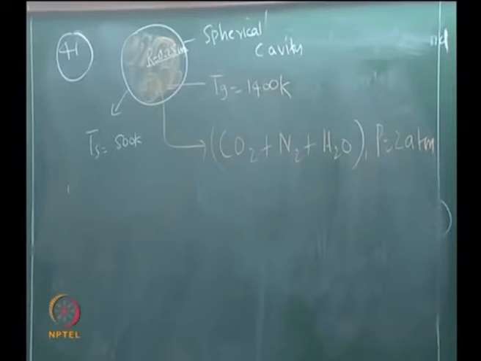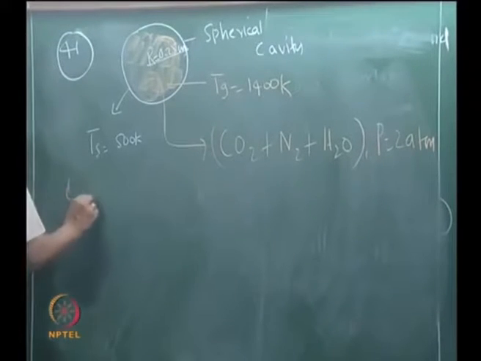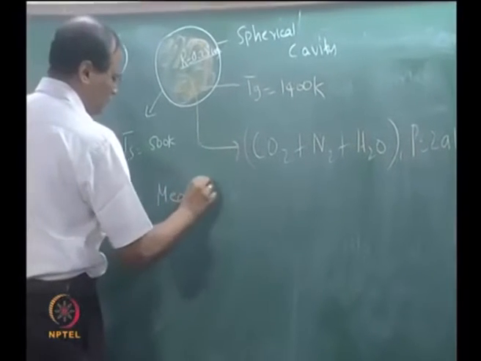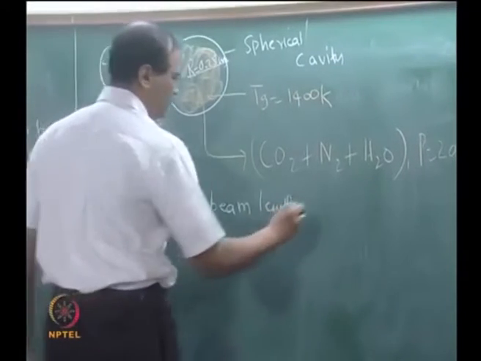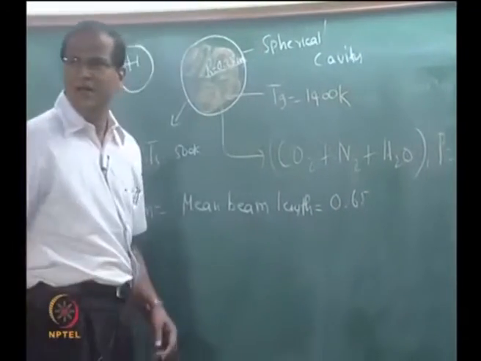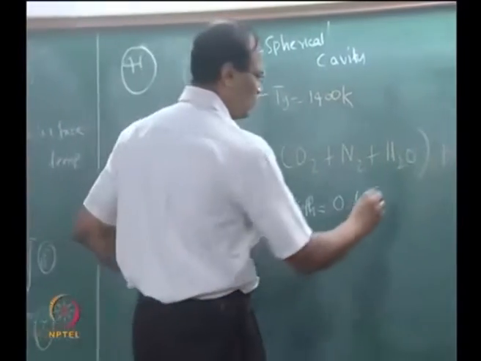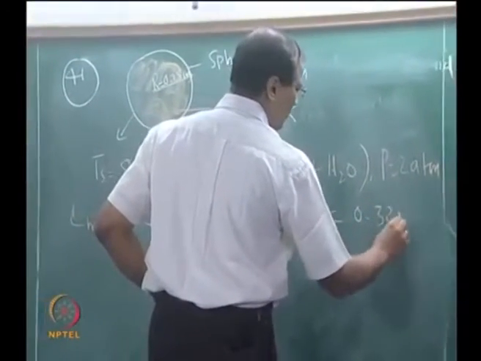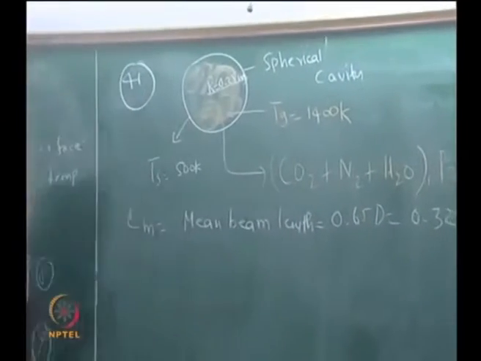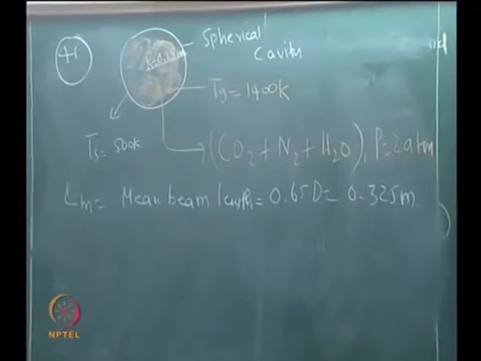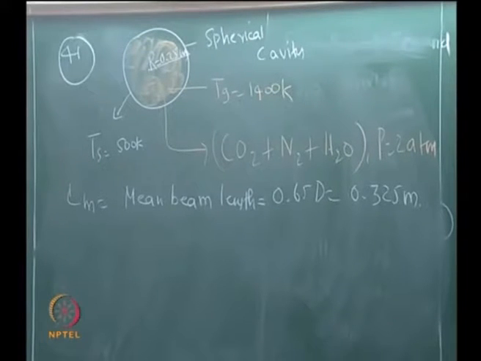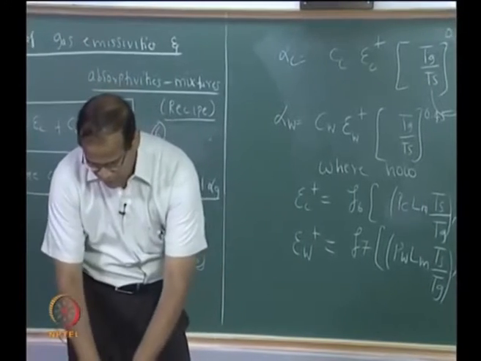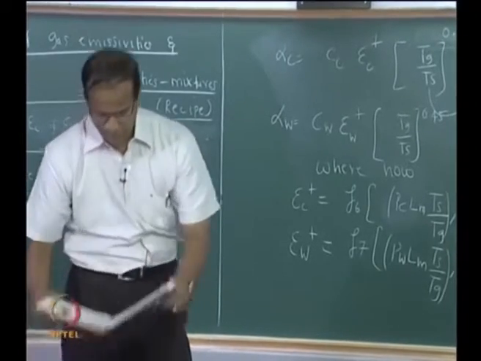First step is mean beam length. 0.65 D, very good. Next step is to write out all those factors. Okay. So PC into LM.